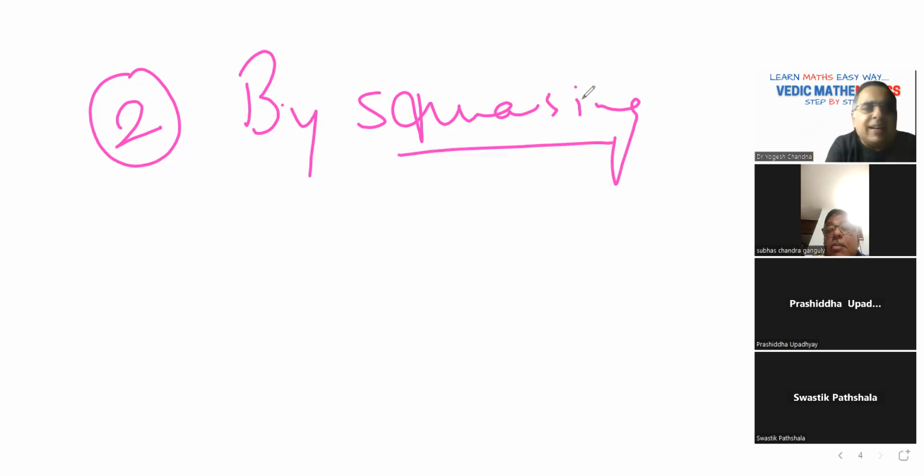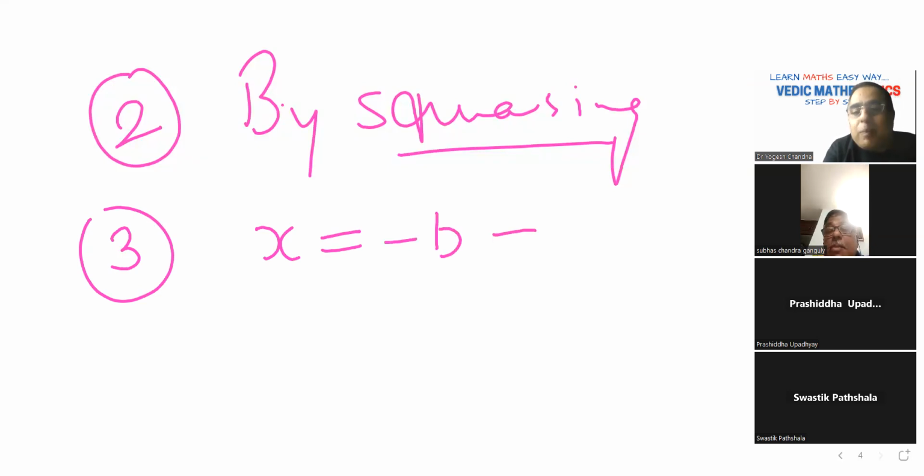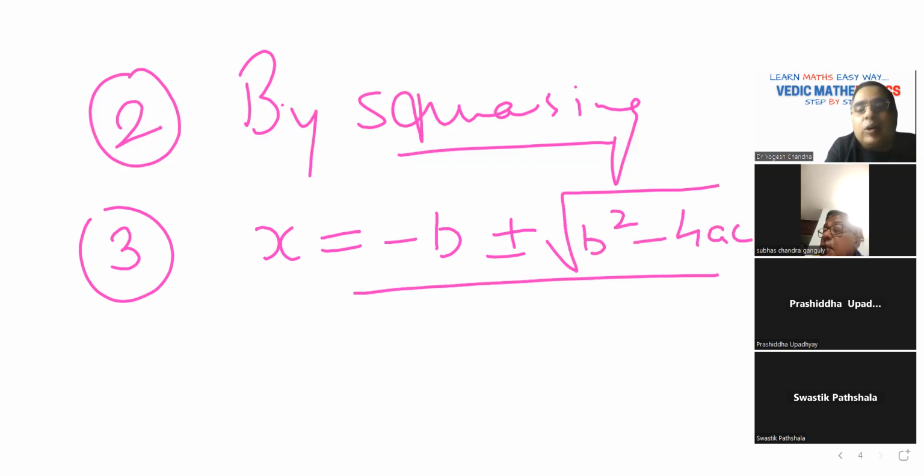And the third, we use a formula: x is equal to minus b plus minus square root of b square minus 4ac over 2a. So these are the 3 ways.